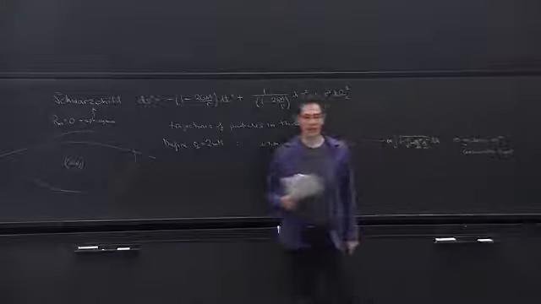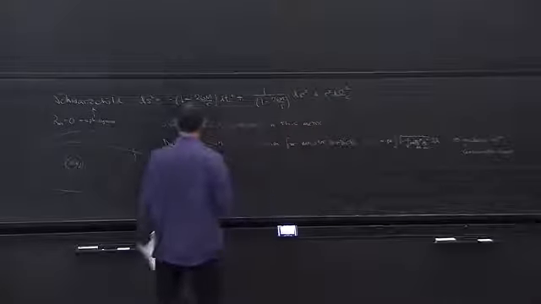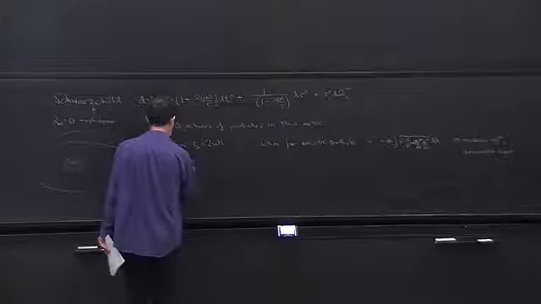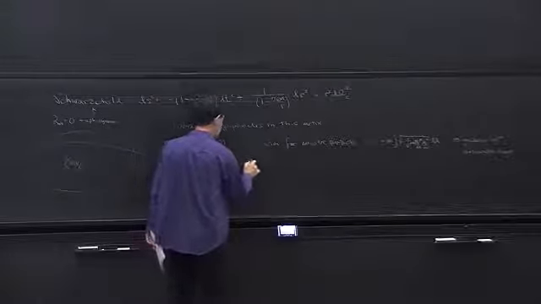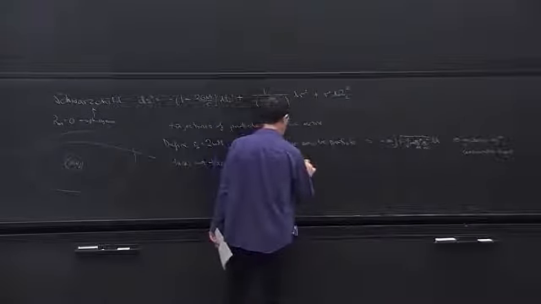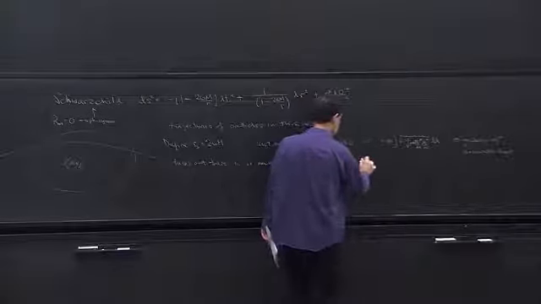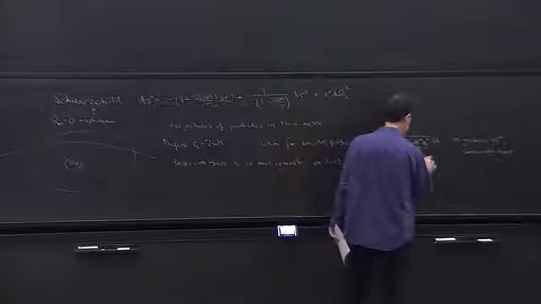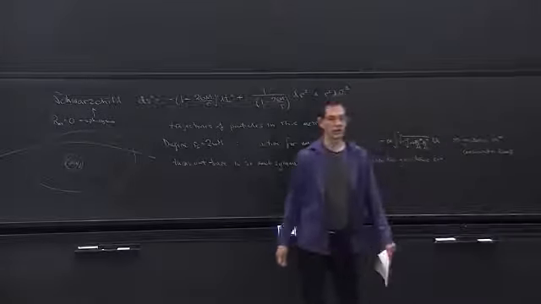So it turns out that in this case of spherical symmetry, there's so much symmetry that we don't actually need to use the geodesic equation. We can just use the conservation laws.